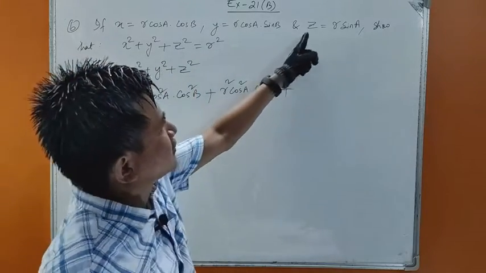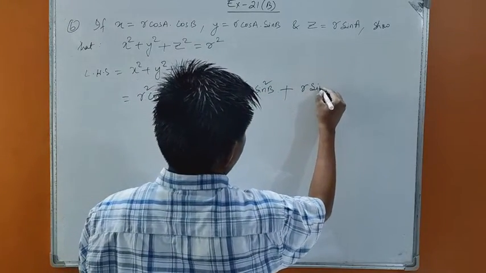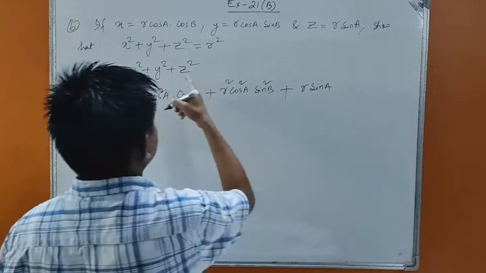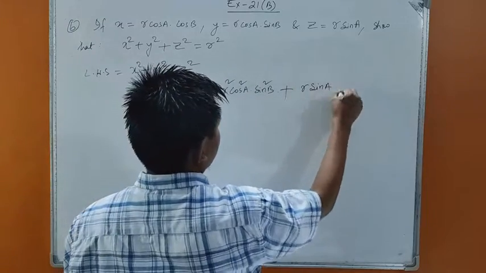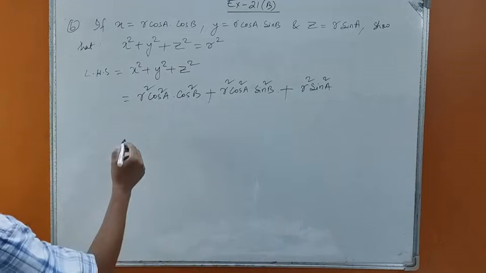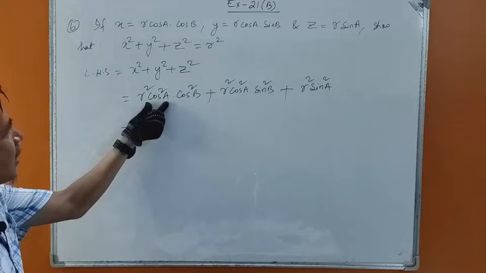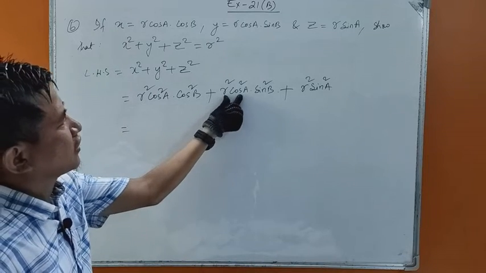So what is z? Z is r sin A, and z is also squared, so whole squared means this squared, okay. Now from here we take r cos square A common, okay.